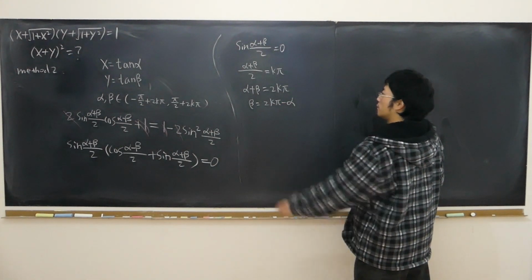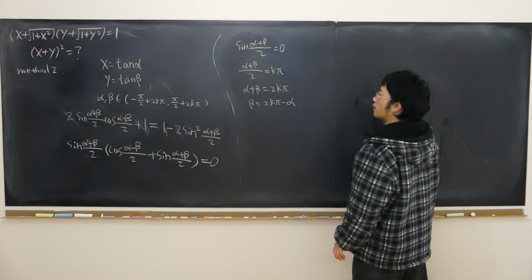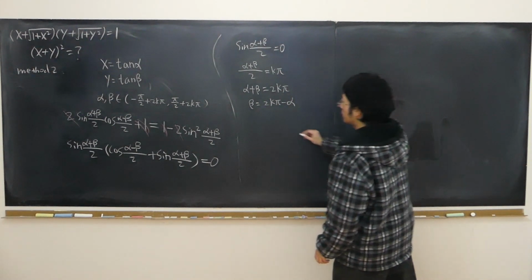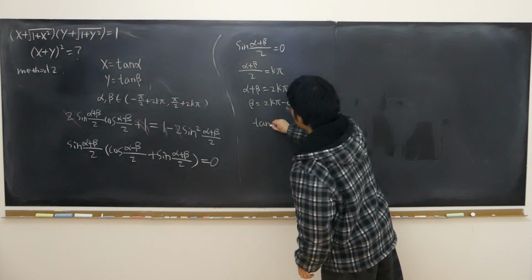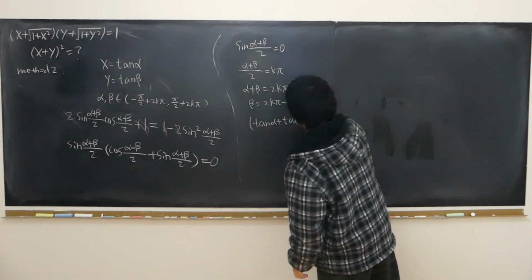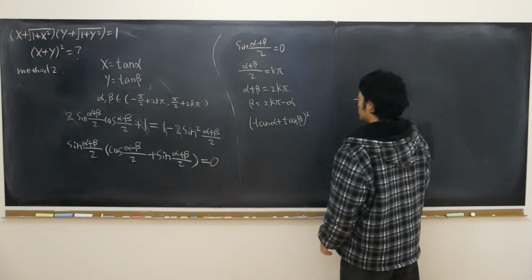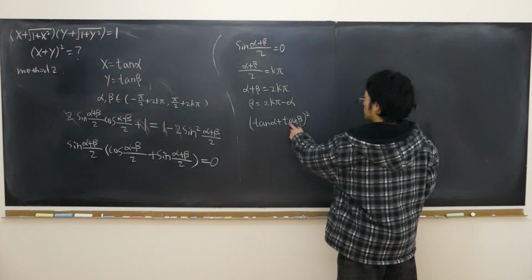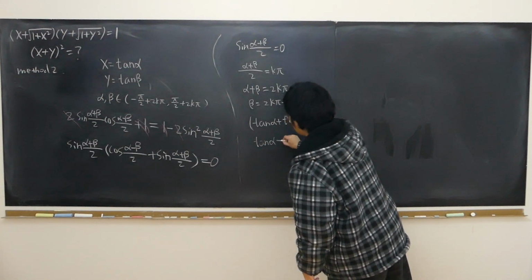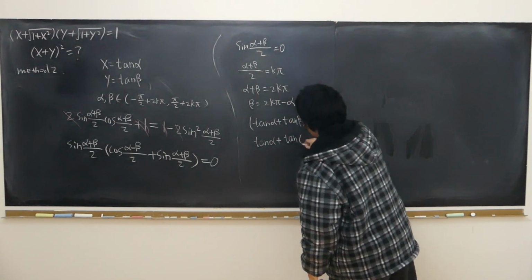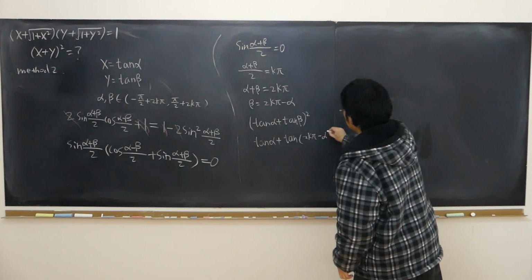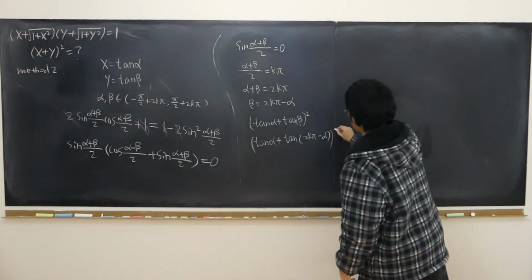And then we want to find the quantity x plus y, squared. So x plus y becomes tangent alpha plus tangent beta, quantity squared, equals what? Tangent alpha plus tangent of 2k pi minus alpha, quantity squared.